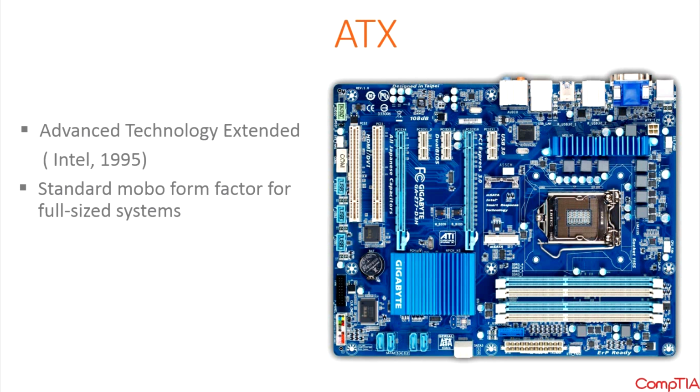Now, I said that a motherboard physically consists of layers of fiberglass and these copper traces, pathways that connect all of the components of the motherboard. One thing that motherboard manufacturers do at the end of the fabrication process is they use a process called silk screening to print on the motherboard surface.